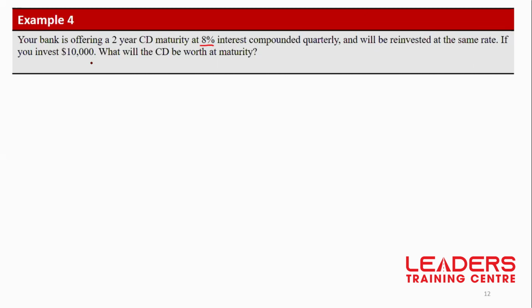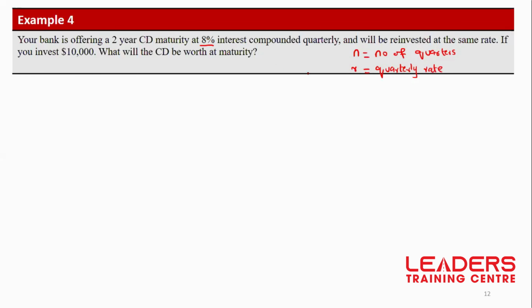So if you invest 10,000, what will the CD be worth at maturity? Going back to what we said before, what is N in this case? N will be the number of periods, and we are counting the periodicity as quarterly, so N will be the number of quarters. And R will not be the annual rate, R will have to be the quarterly rate.